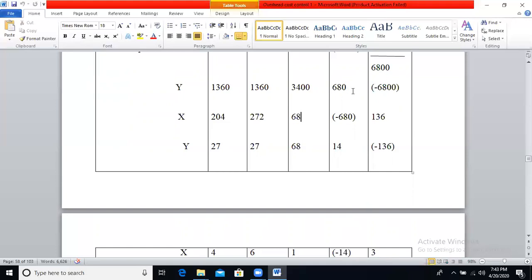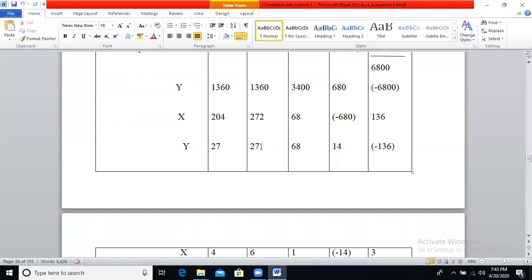So now the X values get cancelled. You should reapportion the Y value, that is 136, to the remaining departments according to the Y percentage. The Y percentages will be 20%, 20%, 50% and 10%. Now for department A, 136 into 20%, you will get 27.2, so round it off to 27.